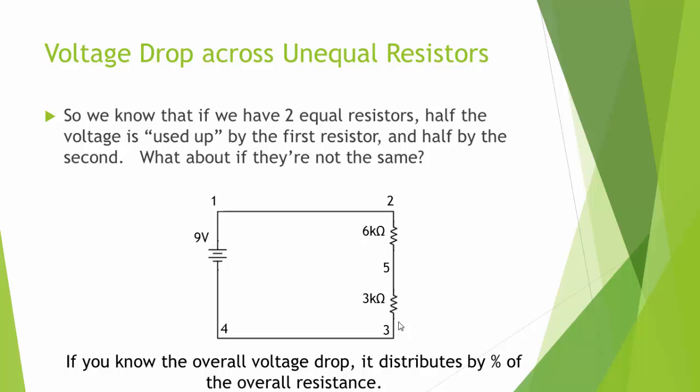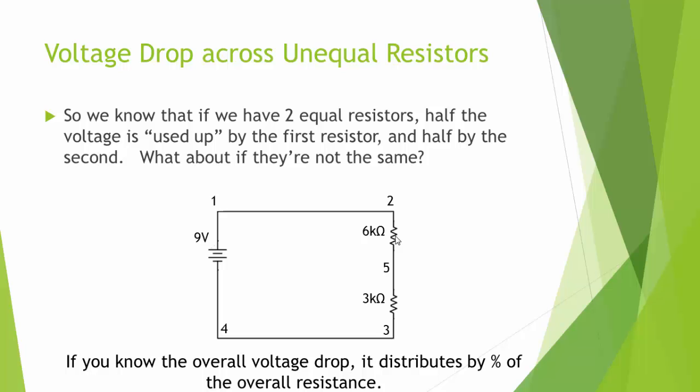Now, we could do a more detailed analysis. We could do things like conceptually dividing this resistor in half and then saying, okay, now we do have 3K resistors. But we're not going to dig too deep into that to save time.